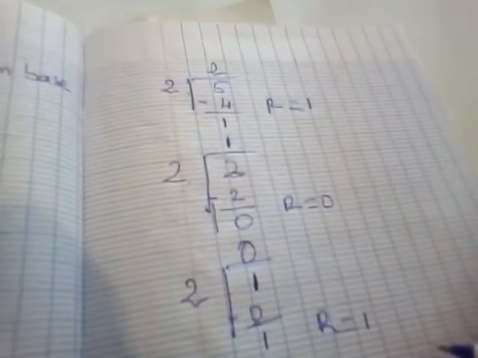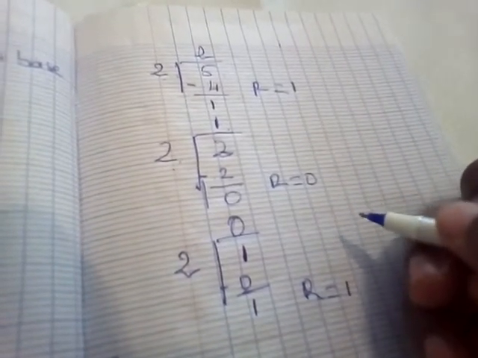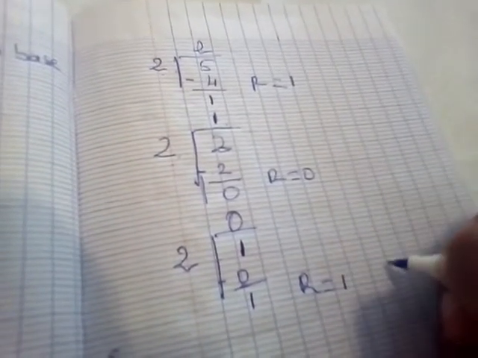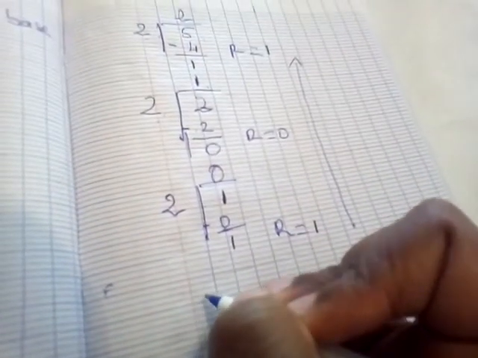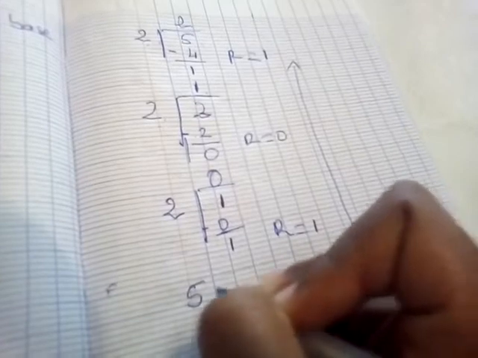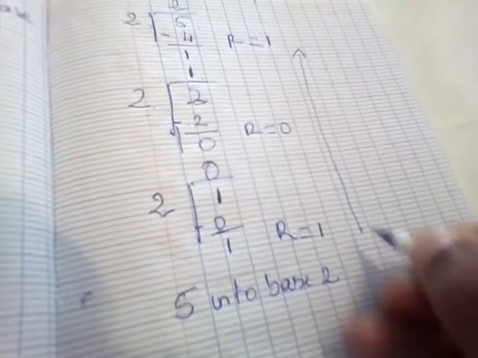Now you read it from the bottom up. That will be your answer. So 5 in base 2 is 1 0 1. That is the answer.